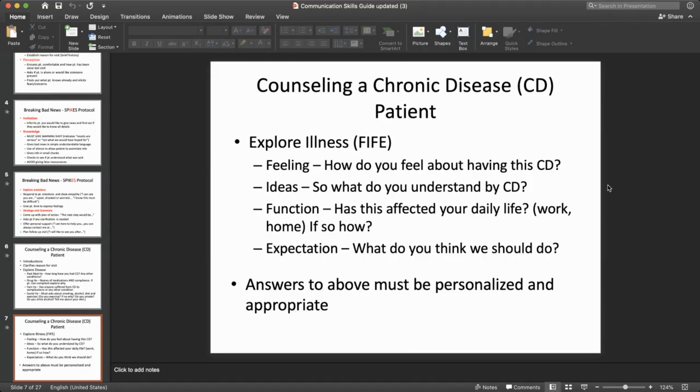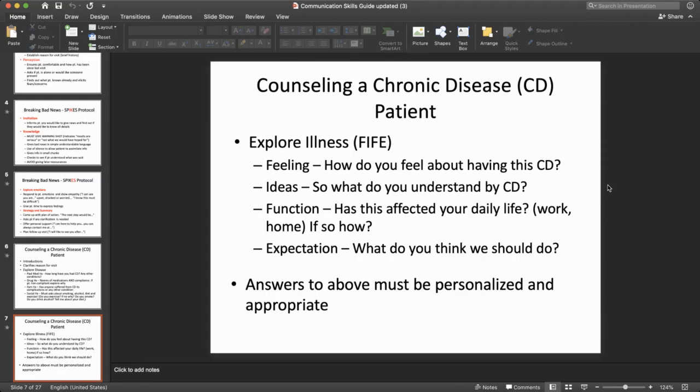At home, is it that they're able to take care of themselves and their family, or is it that they're rendered somewhat disabled by virtue of any complications that arise out of having a chronic disease? For example, they may have suffered an amputation as a result of diabetes or loss of vision, and that has compromised their ability to do certain tasks. And you need to find out from them in what regard that is the case.